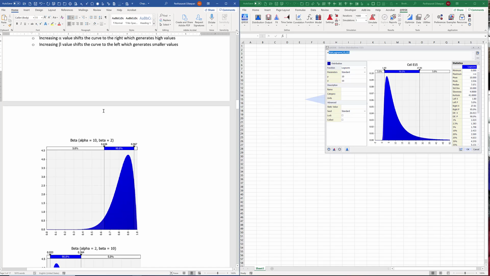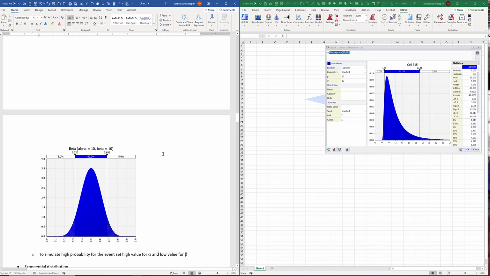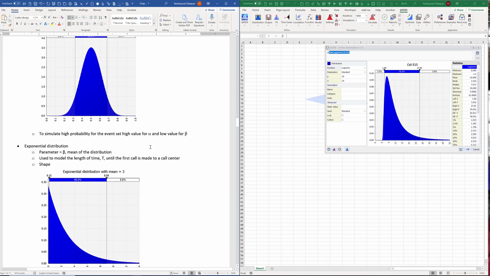Here are a couple of examples of alpha and beta reversed, and you see if high alpha, low beta, probabilities will be relatively large. Okay, and in the reverse, the probabilities coming out of the beta distribution will be relatively small. And when alpha and beta are both the same, you get a normal-looking distribution. And of course, the x values can only be from 0 to 1.